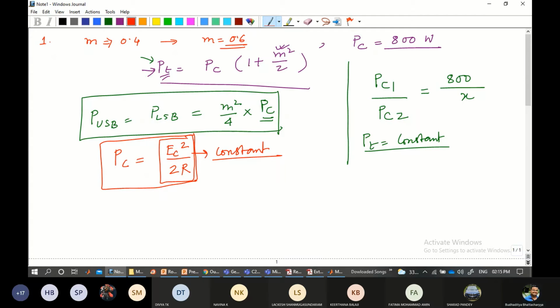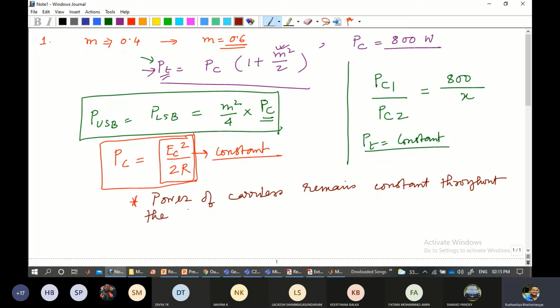Got it? So the conclusion is that the carrier power remains constant throughout the transmission. This was the point from which the question came up. Please make a note here: power of carrier remains constant throughout the transmission.